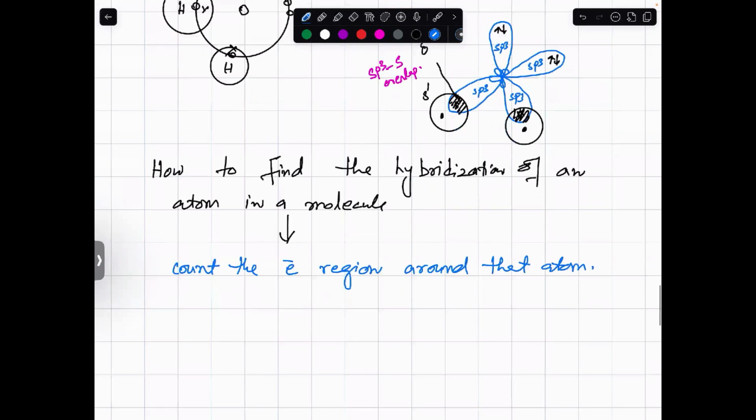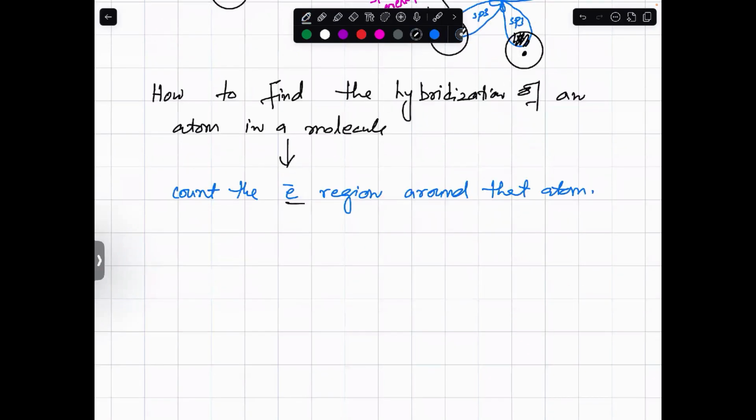Count electron regions. You know what an electron region is? An electron region is a single bond, double bond, triple bond, or lone pair. Each is one electron region.